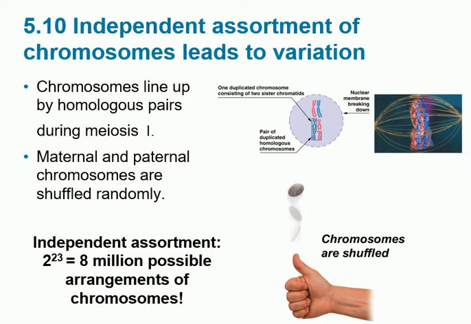So that gives us independent assortment, and you don't know which one will be assigned to which sperm and how the chromosomes will be arranged. So independent assortment means the chromosomes will be assigned randomly. Remember, they're going to separate and then they are going to join again. Which with which, we don't know. This is random.